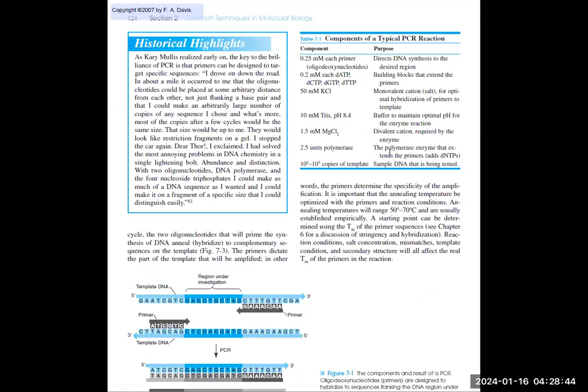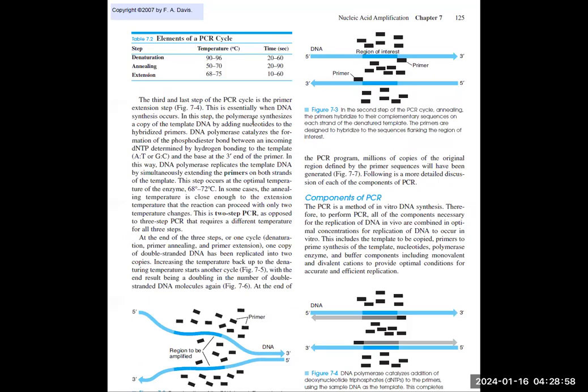See? So the polymerase enzyme that extends the primers adds dNTPs. During extension, dNTPs, these species are added. Okay? And then the third and the last step of the PCR cycle is the primer extension step.